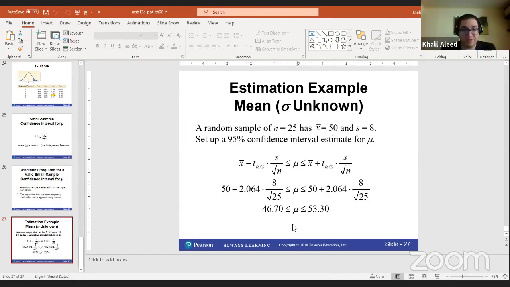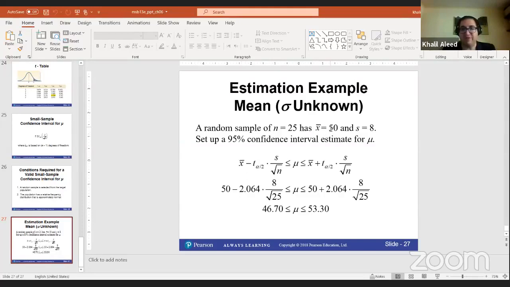To do so, as we discussed, mu, what I'm trying to estimate, lies between x bar minus t multiplied by the standard deviation of the sample, and x bar plus t multiplied by the standard deviation of the sample. This is the upper limit. This is the lower limit.